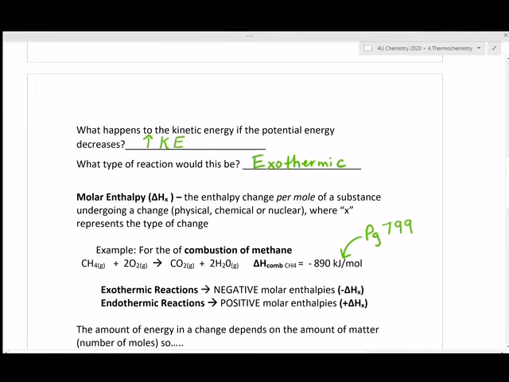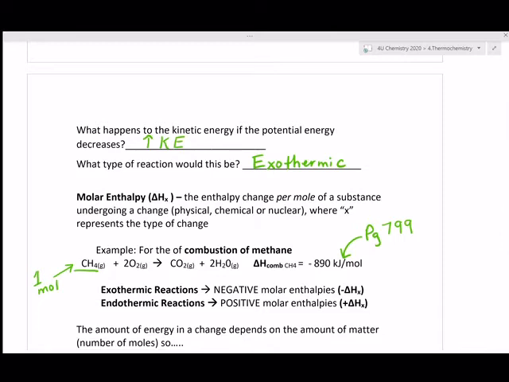Now, the one thing I do want to point out is because it's a molar enthalpy and it's for methane, this value here has to be for 1 mole. And obviously this equation is balanced, and it does happen to work out that methane is 1 mole when you balance it.